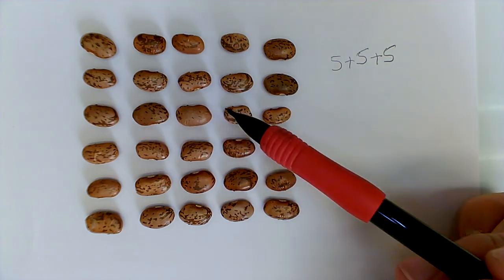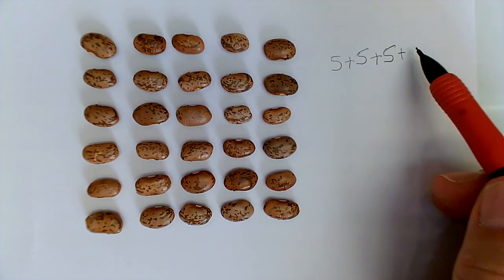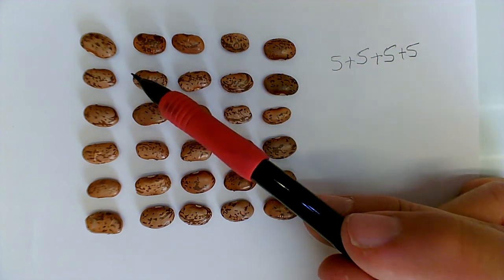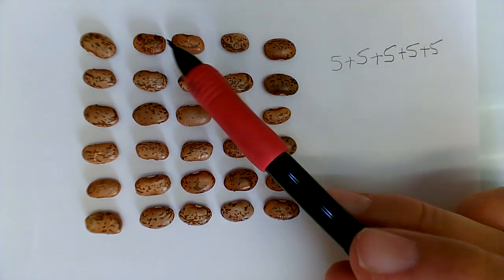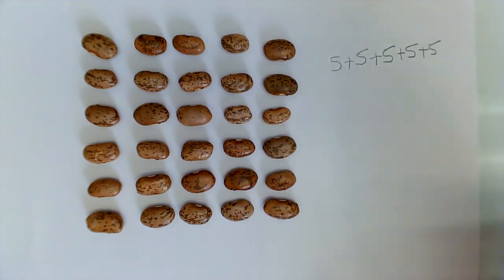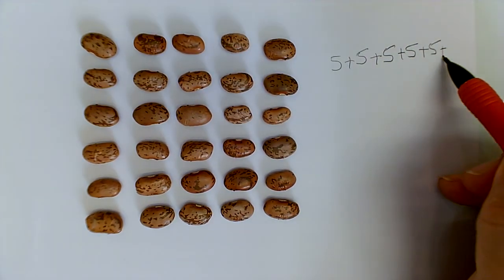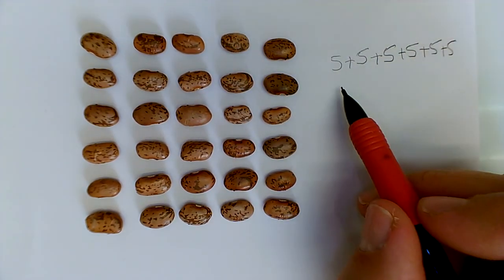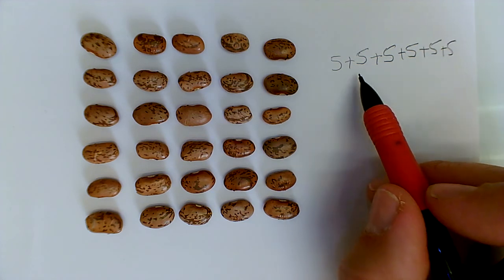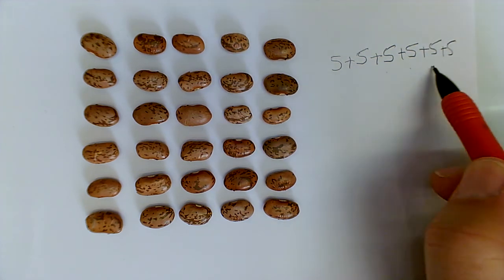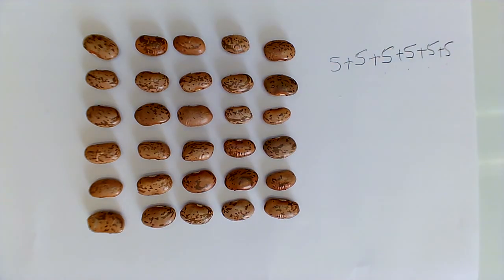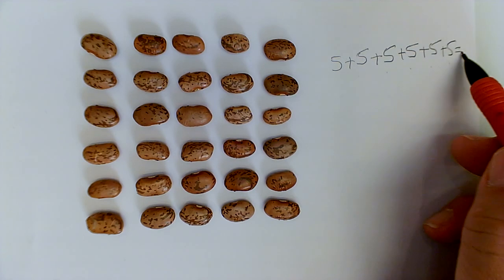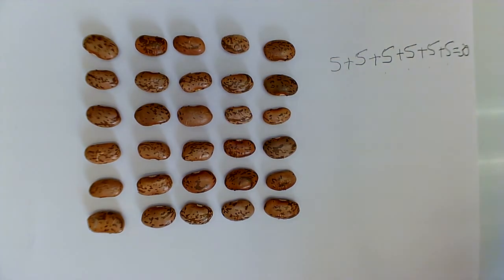Fourth row, 1, 2, 3, 4, 5. Our fifth row, 1, 2, 3, 4, 5. And our sixth row, 1, 2, 3, 4, 5. So when we add these up, we'd have 5, 10, 15, 20, 25, 30. So that would give us 30. So that's repeated addition, and that's how you would write a number sentence. So we would do our equals 30 right here.